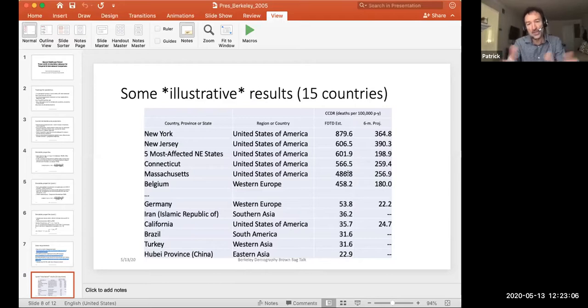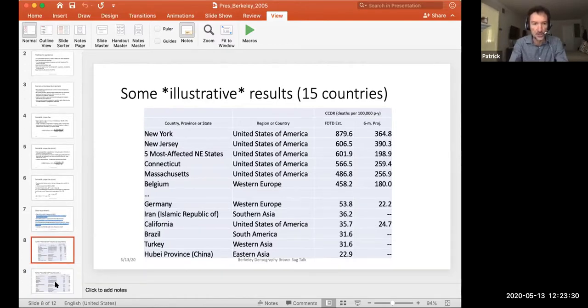Right now, we're setting this up in R so we can have all the countries and all the states we want. We started with only a selected number, 15 countries and 9 states, which were, when we started in mid-April, the areas that had at least 1,000 deaths at the time. But the number, of course, is much larger now.